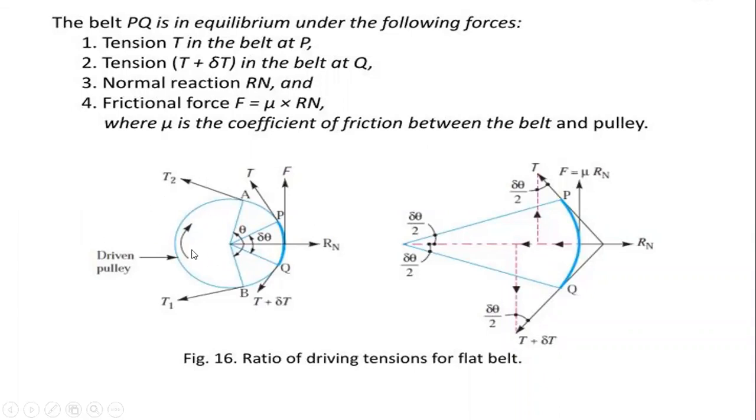So this is the driving pulley with belt tensions T1 and T2. We take only the delta theta part, which has been enlarged here. The normal reaction acts through this section, and the frictional force is perpendicular to the normal reaction.